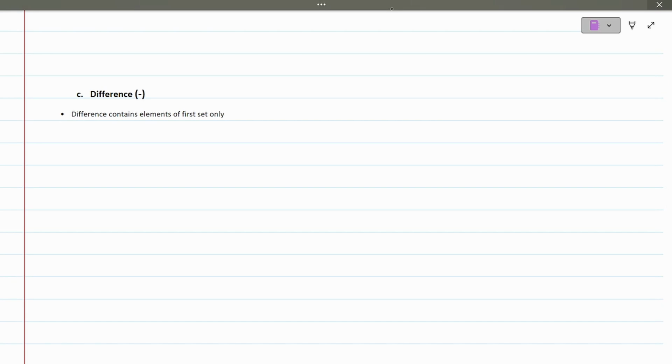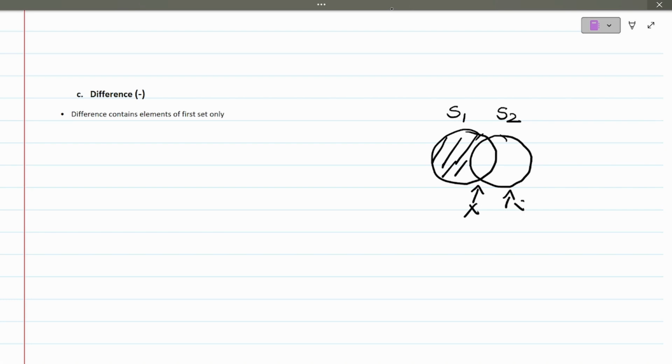Again I'll draw the diagram, S1 and S2. If I want to find the difference between these two sets, difference contains the elements of the first set only. It is not going to consider what is common, and it is also not going to consider the elements from set 2.